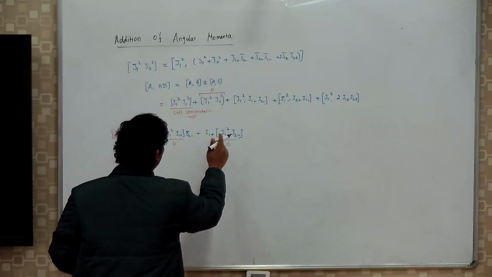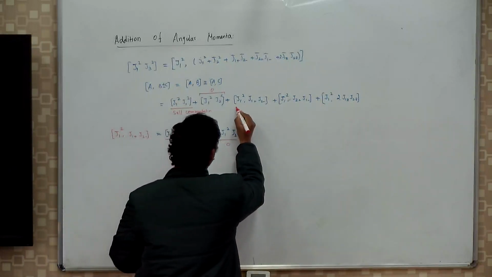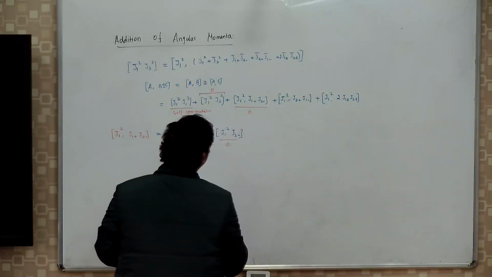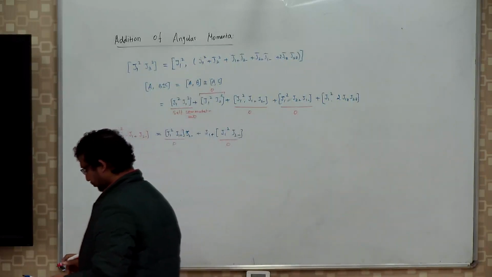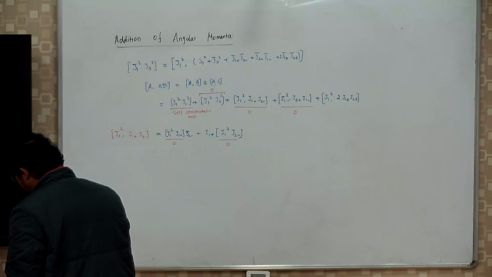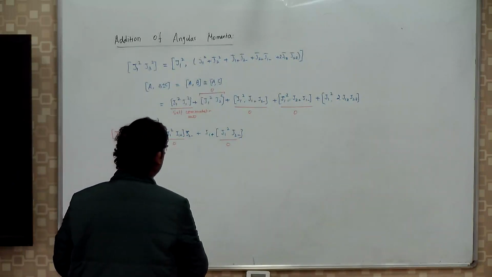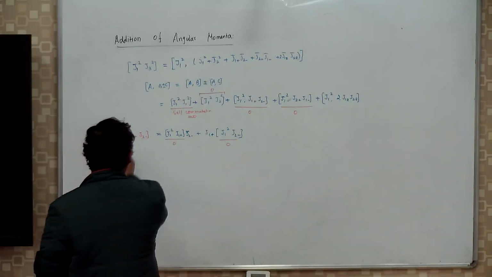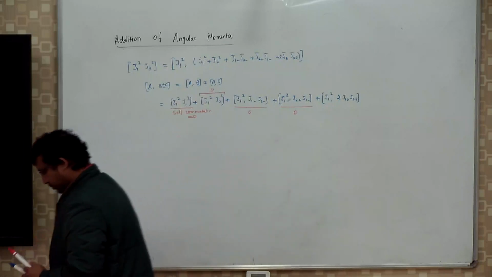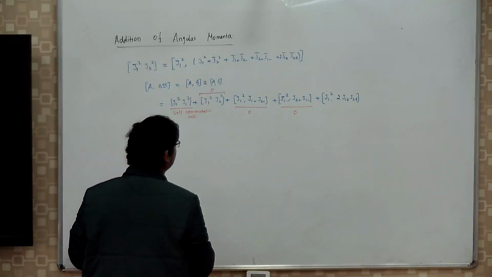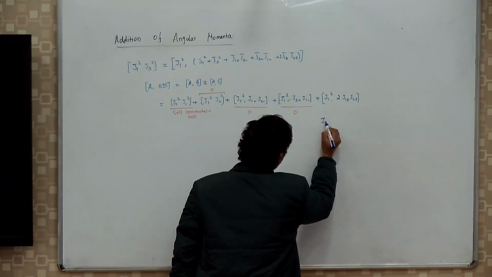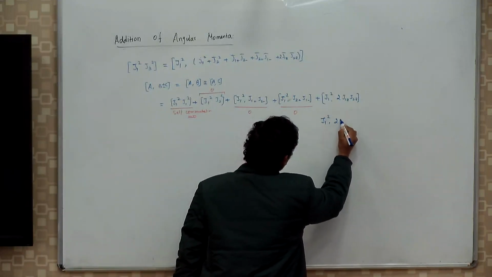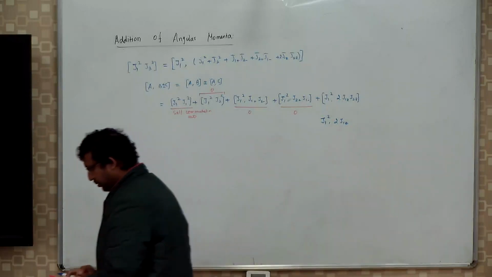If this is 0, then this entire term will become 0. And similarly this term will also become 0. So the only term left is the last one, and let's see how it is becoming 0. So I am taking this last term J1 squared comma 2 J1Z.